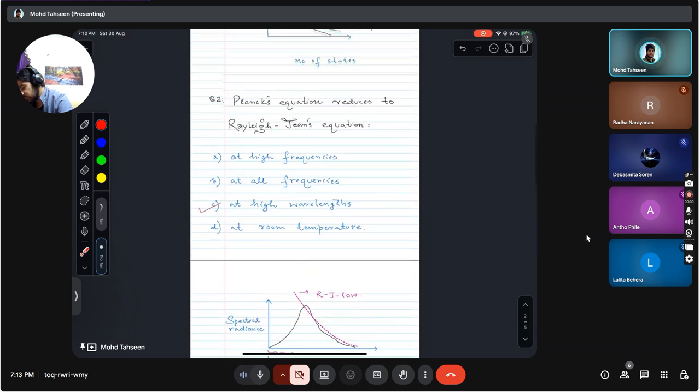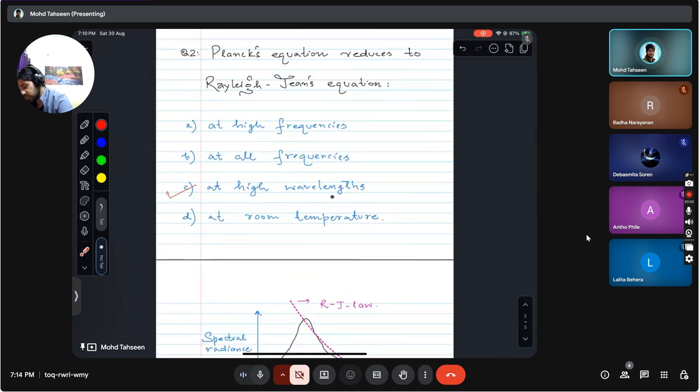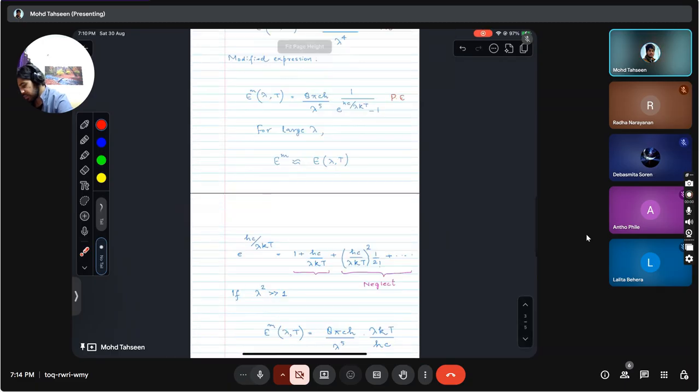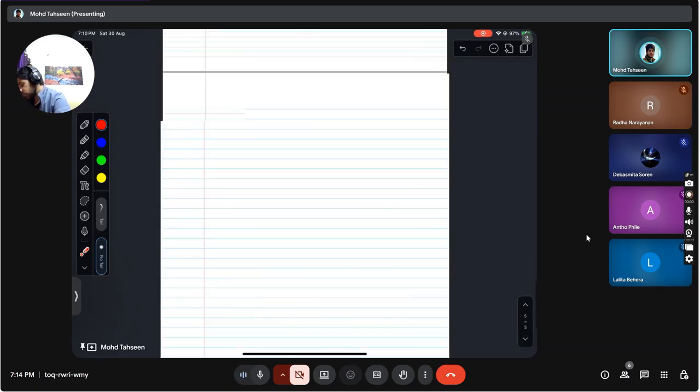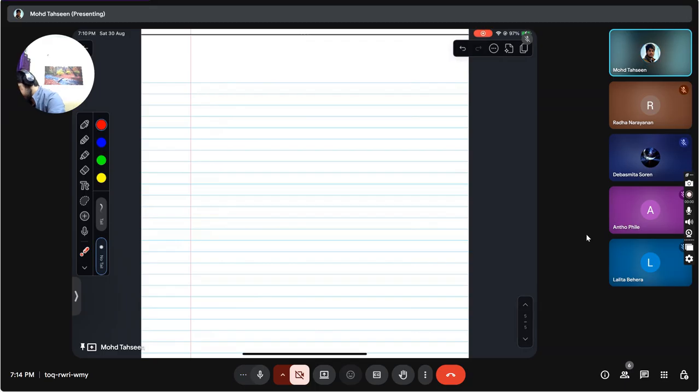So that's why this will be the correct option here: Planck's law reduces to the Rayleigh-Jeans equation at high wavelengths. So let's do one more conceptual problem. Okay, this one.